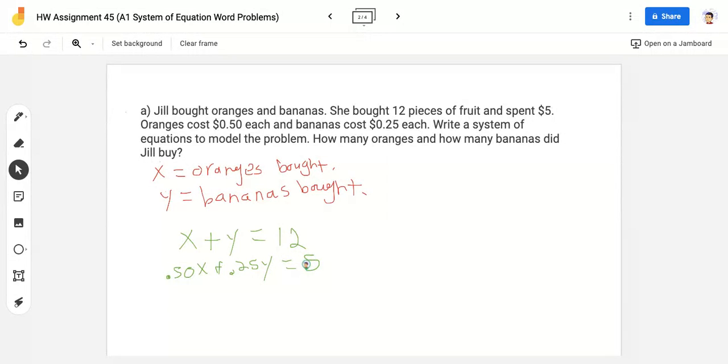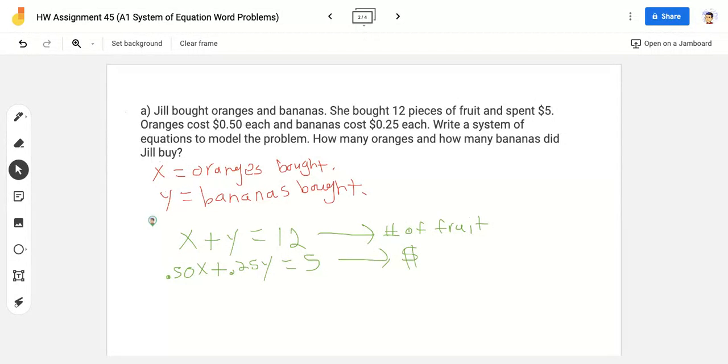And there is your system. Just a reminder, just so I can fix this up, this is supposed to be plus. And let's see why this makes sense. All of this is the number of fruit, and all of this is the price. So two different equations based on two different sets of information.